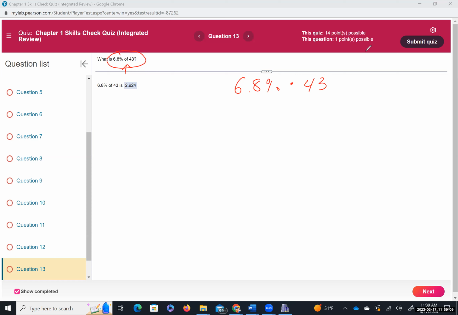You know that 6.8% is actually 6.8 divided by 100, and you have to convert that, and then multiply by 43.